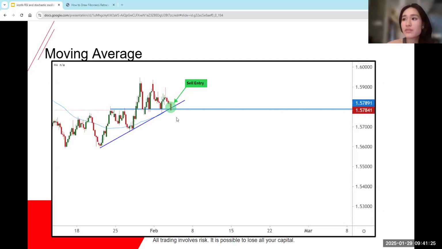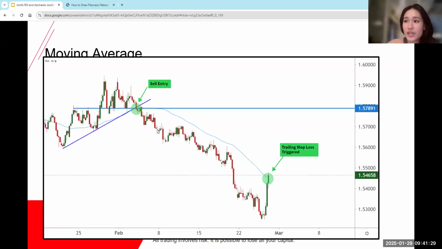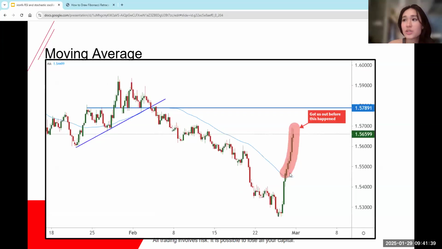So we're going in for a sell entry here. And you can see price moving below our moving average really nicely. And our trailing stop loss is triggered once price crosses above the moving average. So it got us out before prices started to increase.